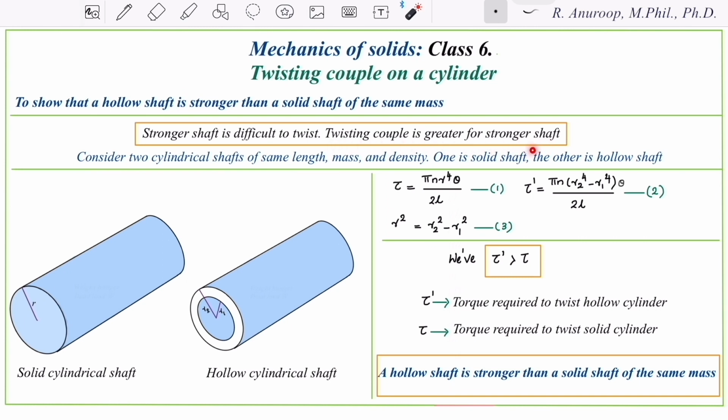It means that more torque is required to twist a stronger shaft. Since tau dash is greater than tau, the torque required to twist the hollow cylinder is greater than for the solid cylinder. Hence, a hollow shaft is always stronger than a solid shaft of the same mass.